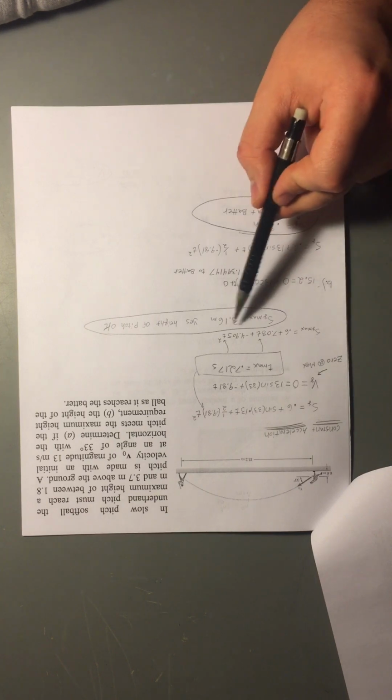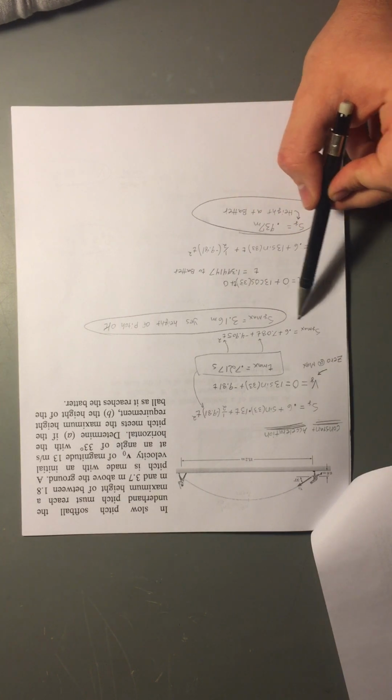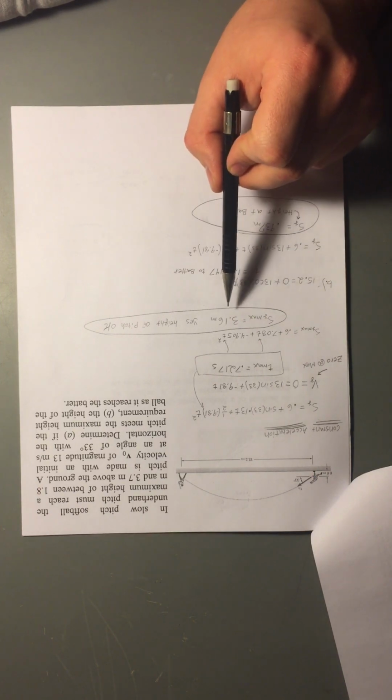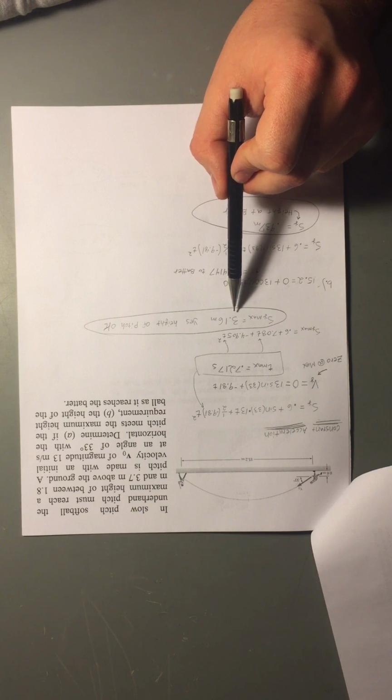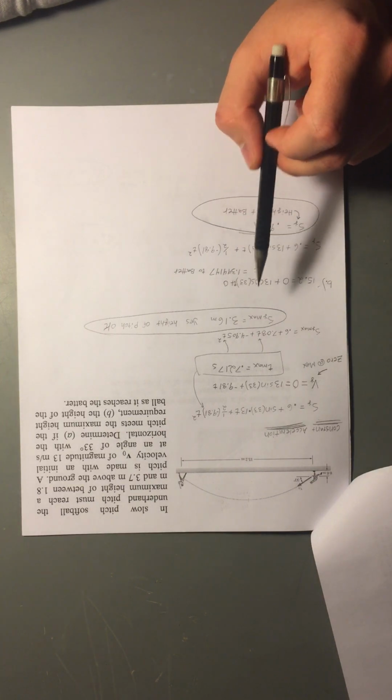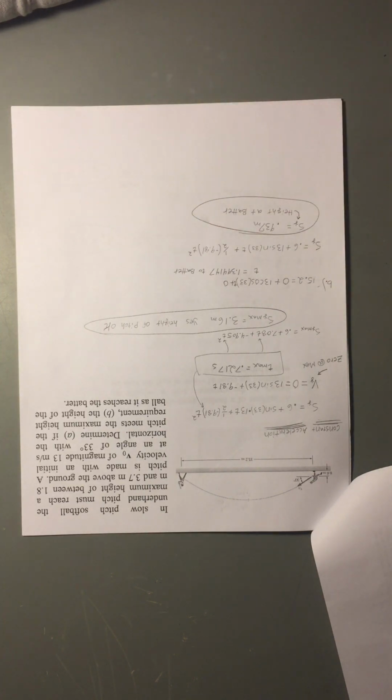And that's what I'm doing down here. And once we plug that in, we can find that the maximum height of this ball was 3.16 meters. And looking back at the question, we know that this value is in between 1.8 and 3.7. So yes, the height of the pitch was okay.